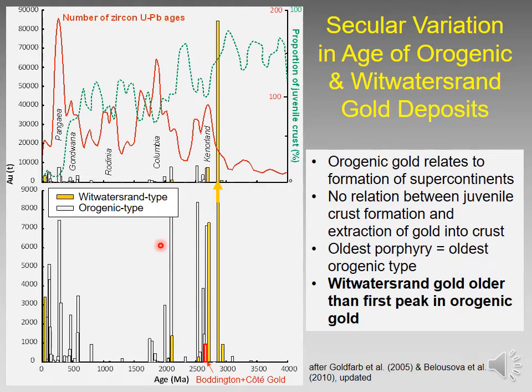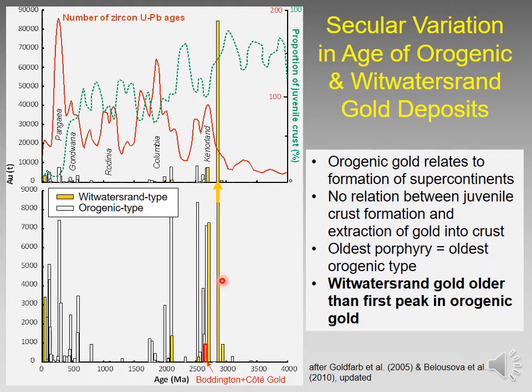Now, this is all pretty much a well-known story, but the point I would like to emphasize here is, what about orogenic gold older than 2.9 billion years? Well, there's this tiny little blip here. That's the Barberton gold, 300 tons of gold maybe, but that's not really significant in comparison to the huge amounts of Mesoarchaean detrital gold.